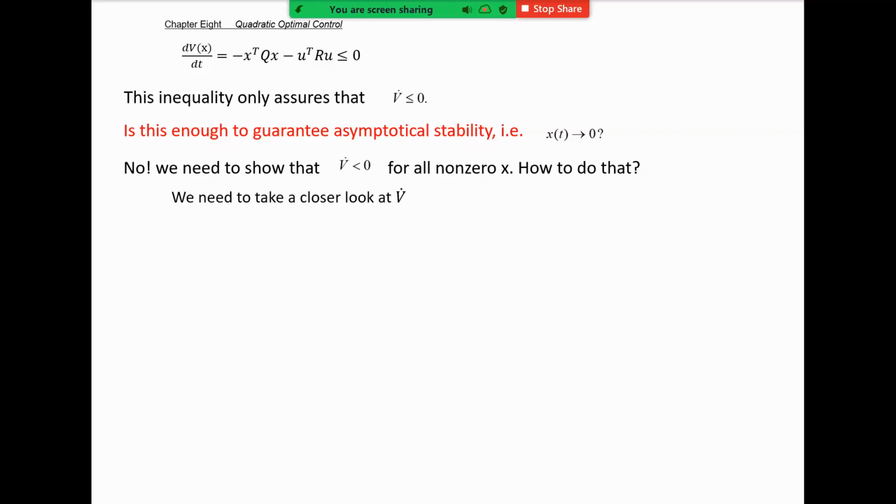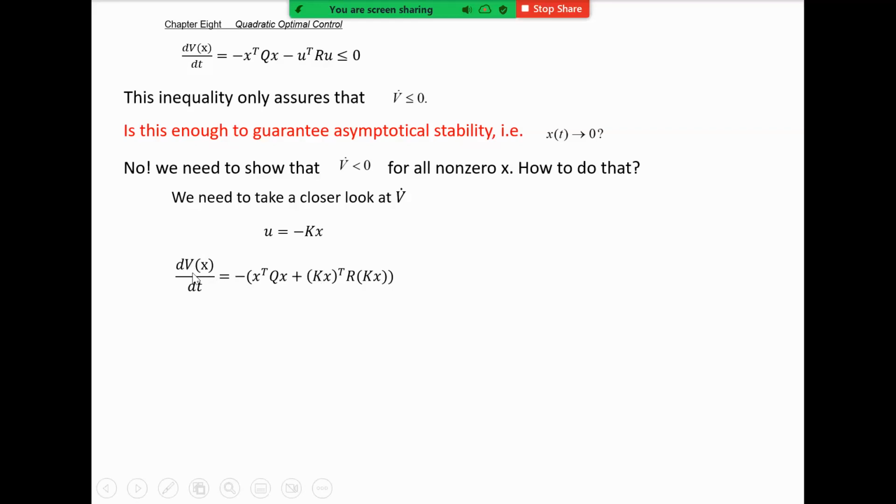Let's take a closer look at this V dot. Let's plug in the expression of this input, so u equals minus Kx. Then we get this one with Kx transpose R Kx. Like I mentioned, there's a negative, they cancel out, minus times minus, so still plus.